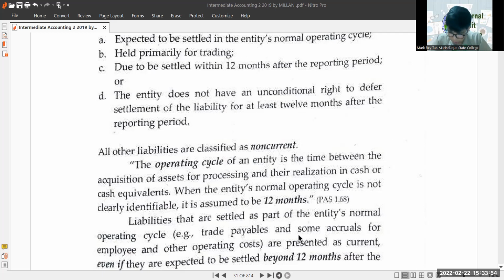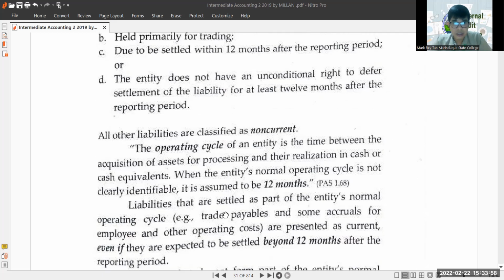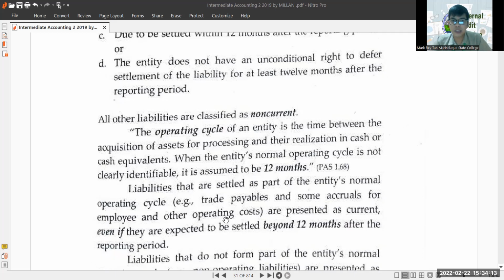Alright. Kasunod. Ito. Liabilities that are settled as part of the entity's normal operating cycle. And ito yung mga common examples class of liabilities that are part of the normal operating cycle. Ayan. So, ibig sabihin, pag nakita mo tong mga to, automatic current liabilities yan. Trade payables.